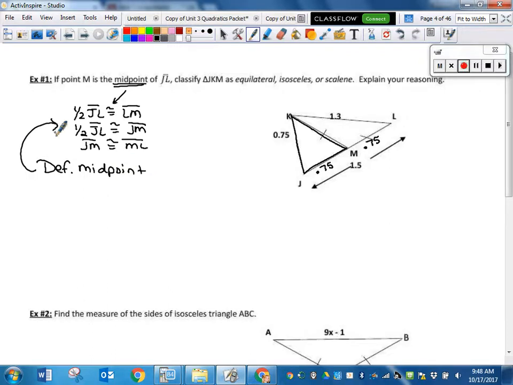Based off the definition of midpoint, we can take our 1.5 and divide it by 2, and that's where we got our 0.75s. And then you've got these little tally marks, which tell us that KM is congruent to ML based off the markings.